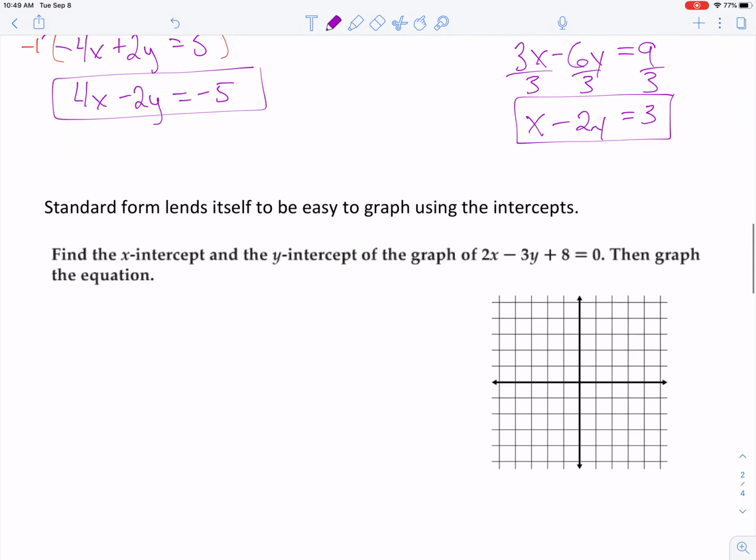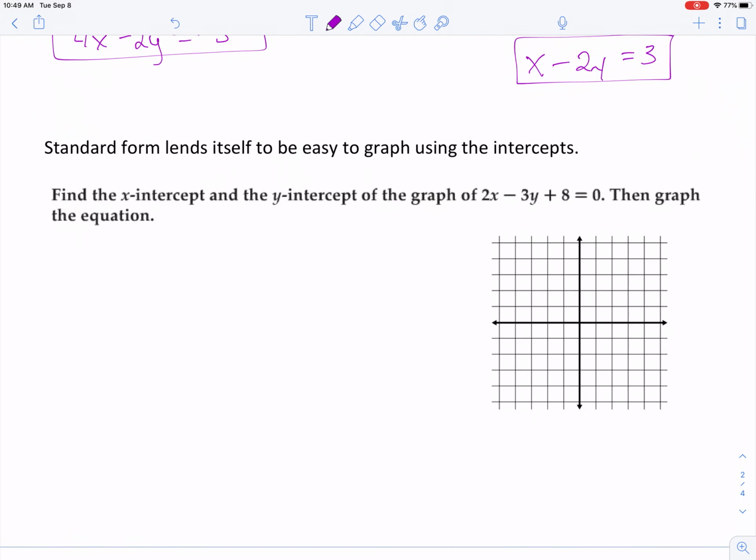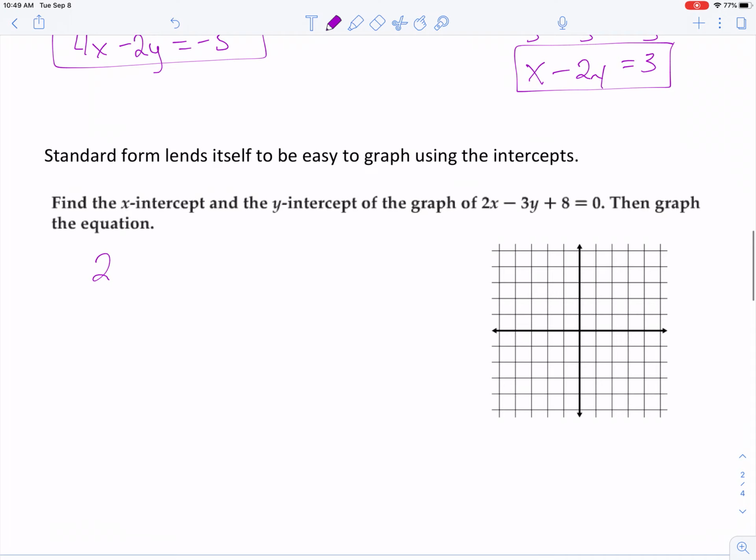We can graph using this form of the equation. So basically what you're going to do is plug in 0 for x and then 0 for y. So if I do that, I have 2 times 0 minus 3y plus 8 equals 0.